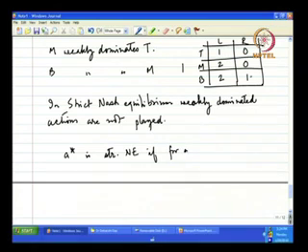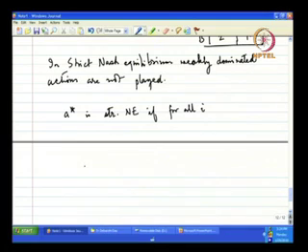If for all i, what must happen is that u_i(a*) is strictly greater than u_i(a_i, a*_-i) for any other action a_i.